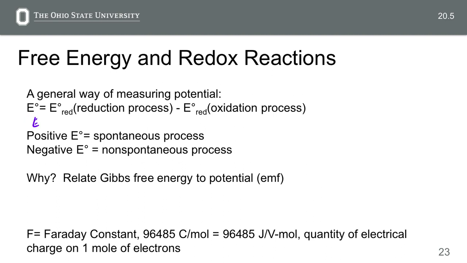We just wrote this, but I'm going to rewrite it here because this is written slightly differently than what we just saw, where E cell is equal to the reduction potential at the cathode minus the reduction potential at the anode. The only difference is specifying that one's an oxidation process and the other's a reduction process. It's just simply interchanging anode with oxidation and cathode with reduction.